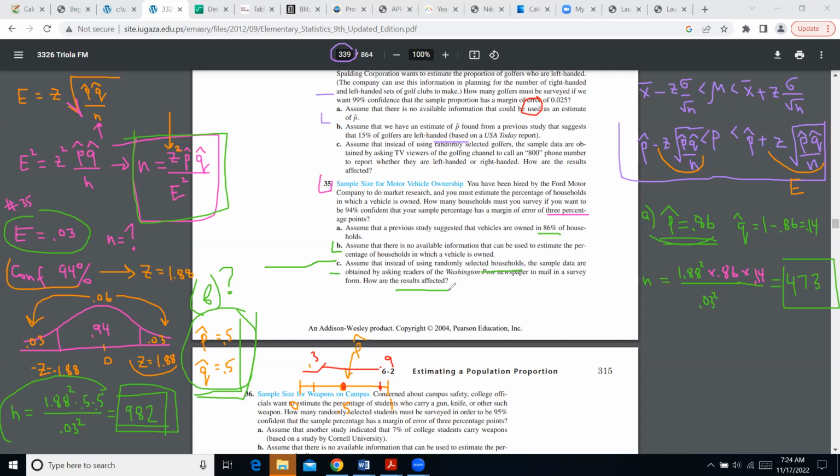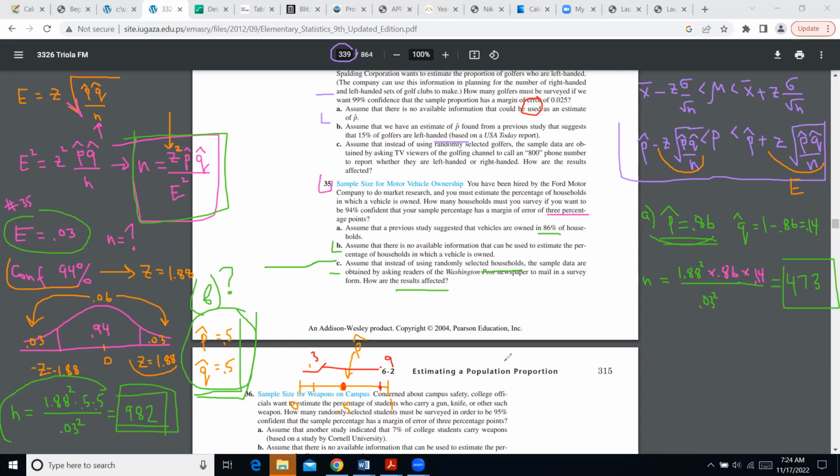Because if you go to some other community or some other state and try to tell that your research also includes people from that state or from that country, then it's probably going to have nothing to do with that population, and it simply could be a totally wrong result. So you always want to be careful with selecting your sample, and I guess that's what part C of this exercise is talking about.